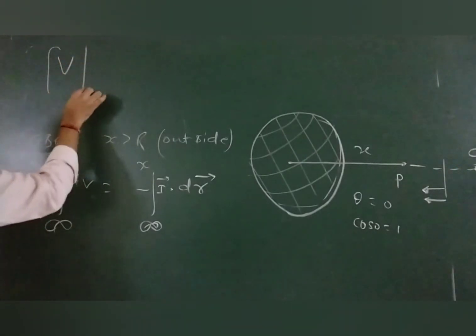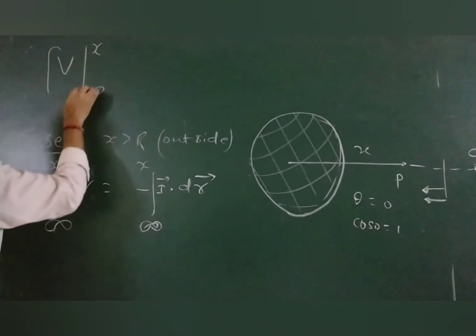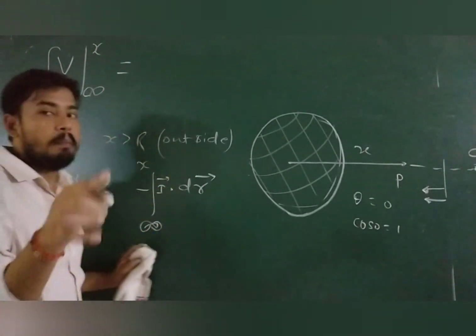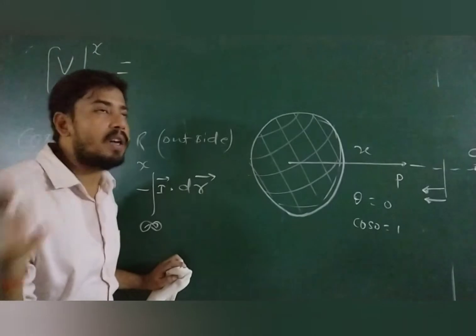Its upper limit will be x, lower limit will be infinity, equal to minus. Here a dot b is equal to ab cos theta.